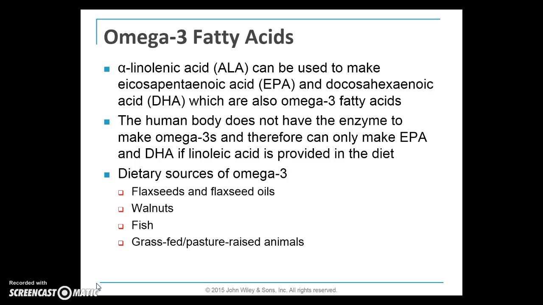The human body does not have the enzyme to make omega-3s, and therefore can only make EPA and DHA if it's provided in the diet. So we typically think of dietary sources of omega-3s as flax seeds and flaxseed oil, walnuts, fish. You know, you're supposed to eat a lot of fish, and grass-fed, pasture-raised animals.